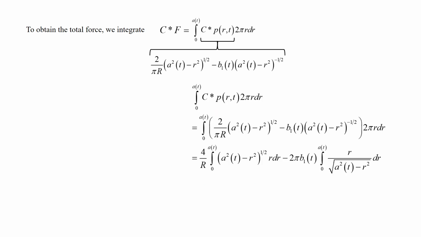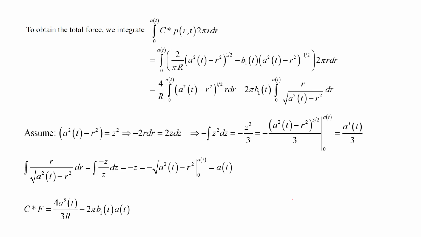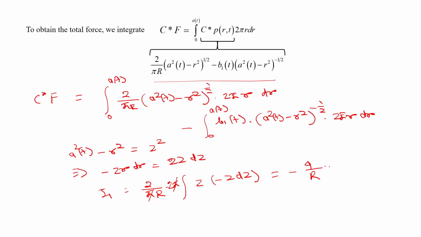So z square will give z cube by 3, okay. So it is going on fine. So this is equal to minus 4 by 3, into r and z cube.